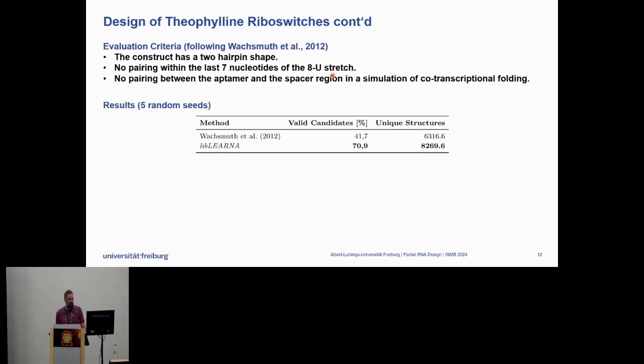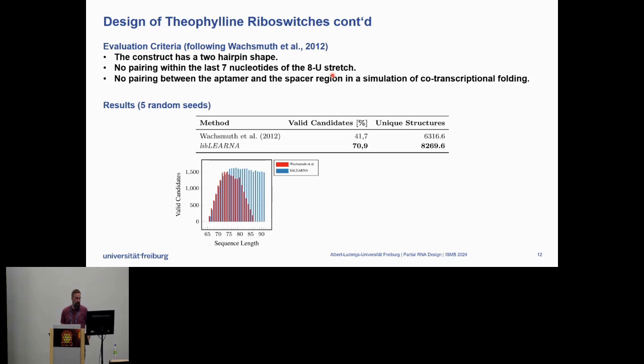So the results look quite promising. We see that LibLearner can actually produce much more valid candidates, valid in the sense that they satisfy all these evaluation criteria, compared to the original procedure. And we also see that we have a very high structure diversity here. When we look at more details regarding the length of the sequences designed, we see that LibLearner actually designs candidates that are quite uniformly distributed across all the different sequence lengths.